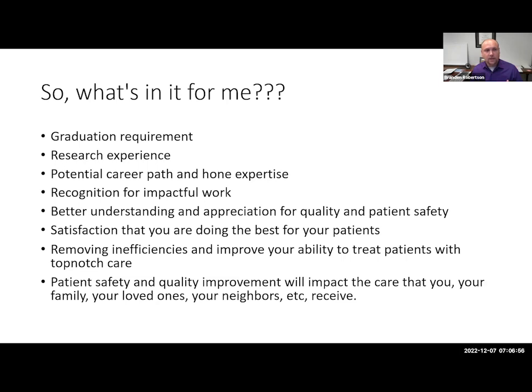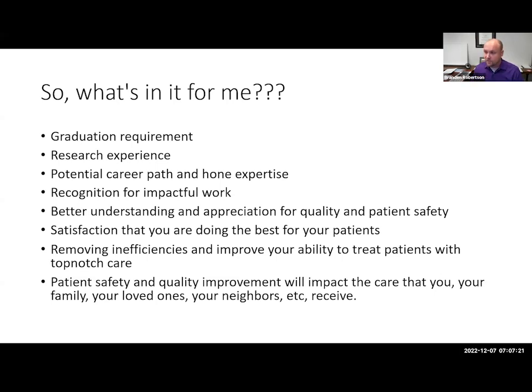But ultimately, what's in it for me is that you live in this area. Maybe you seek services at Carilion, or your family, your loved ones, your neighbors seek services at Carilion, regardless of whether you choose to seek care here or whether you're involved in a motor vehicle accident and that's where EMS takes you.